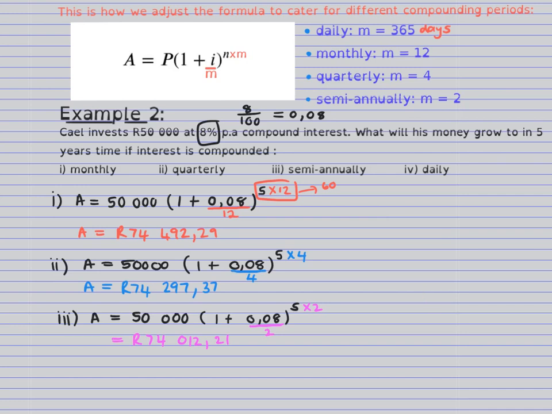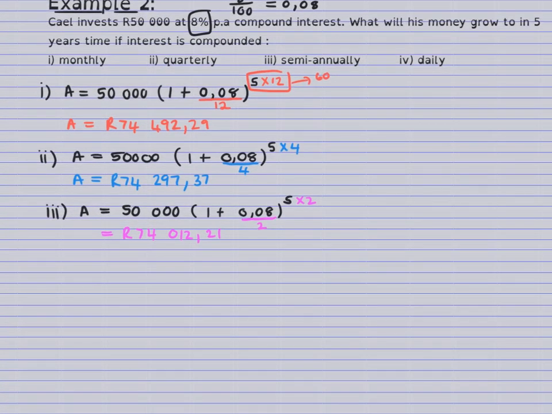We just have one more to look at, if we did this daily. Same formula: A equals P, my principal amount of 50,000 Rand, my interest rate was 8%, going for 5 years. But now I'm earning interest every day, so I divide by 365 and I multiply by 365.